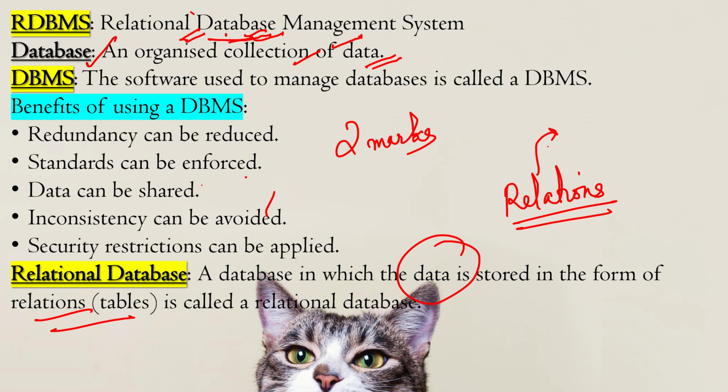Relations is nothing here but tables. Relations means tables. Okay, we will have several terms that look complicated, but they mean something simple, alright. So a database in which the data is stored in the form of relations or tables is called a relational database. In a relational database, the data will be stored in the form of tables, that's all. Okay, that is what a relational database is.